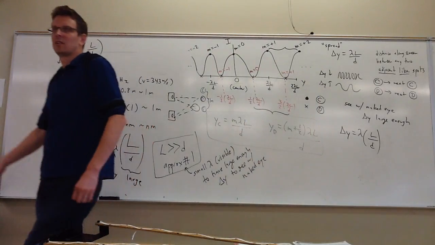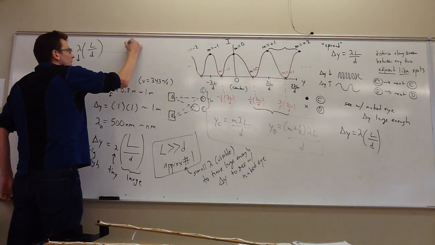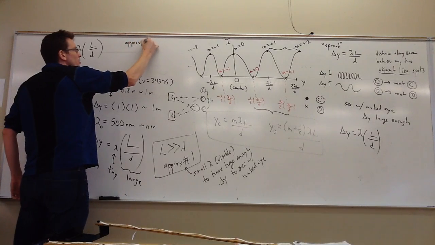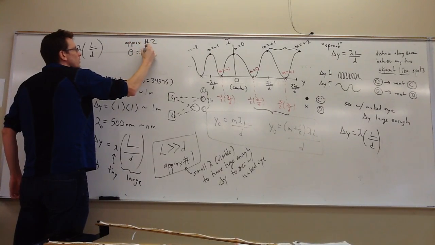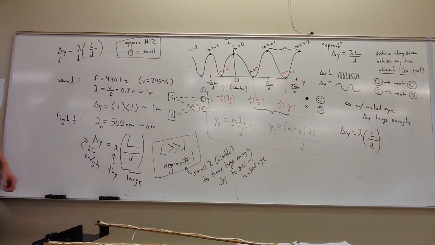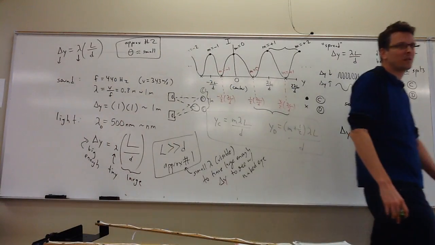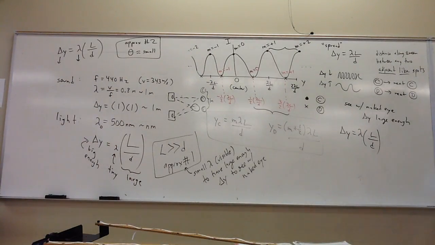In the second approximation, and this is jumping the gun a little bit, remember the approximation number 2 was small angle. So again, the reason why we made that is because we want to be able to see the pattern with visible light, with the naked eye.